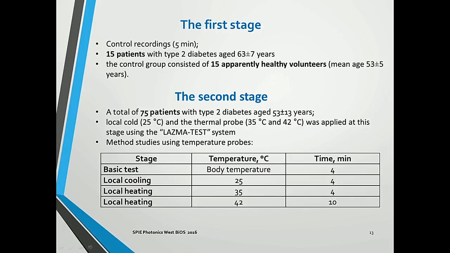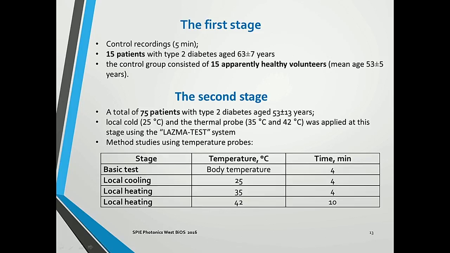The age was a bit lower, because it is quite difficult to find non-diabetic volunteers at the age of 63. That's a condition we live with. So there is a kind of discrepancy between these two groups in terms of age.